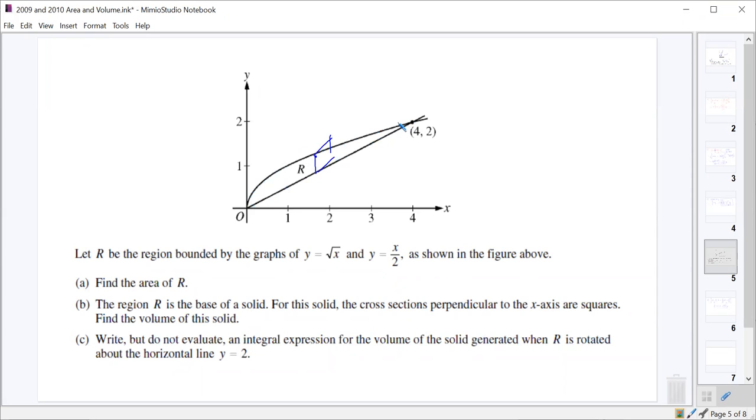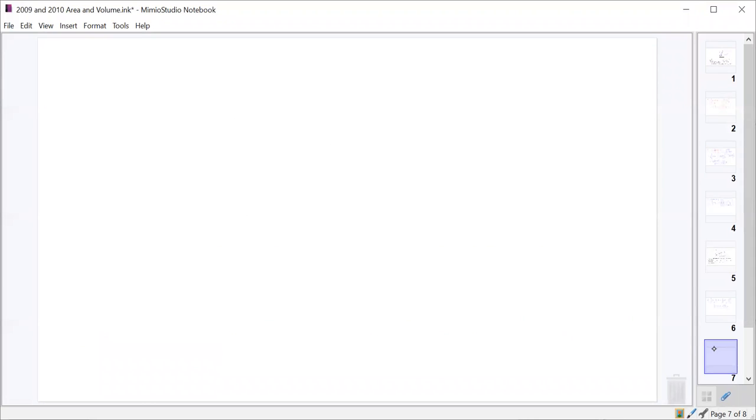So that'll be root x minus x over 2. And we'll integrate that from 0 to 4 again. So it should be 0 to 4, root x minus x over 2 is the side length. We square it, dx. So this is part B. And having this is worth 1 point.